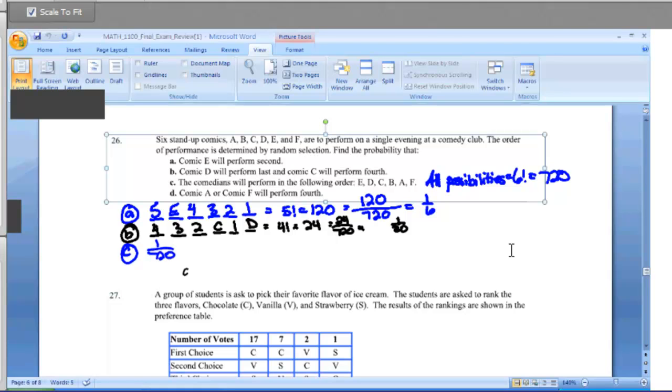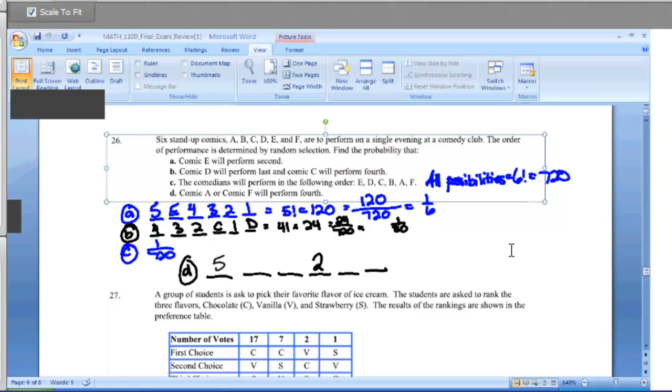And then for D, that comic A or comic F will perform fourth. So in the fourth position, there are 2 options. So in those 2 options, only one performs, obviously, which leaves us with 5 performers.